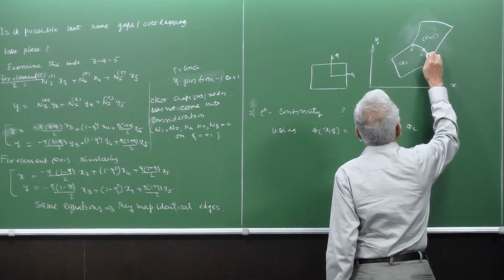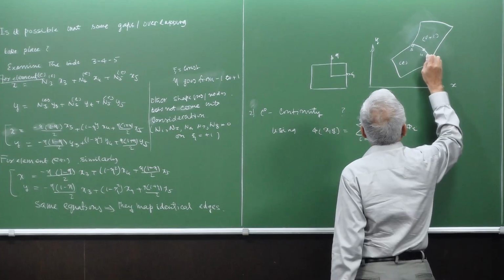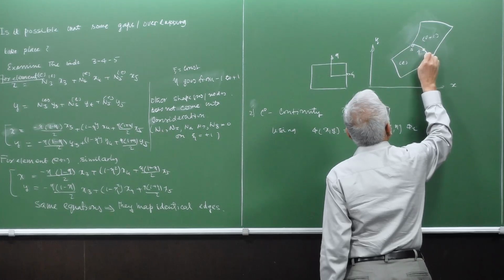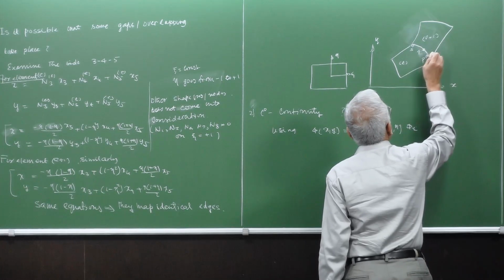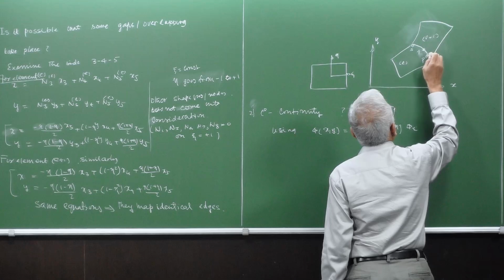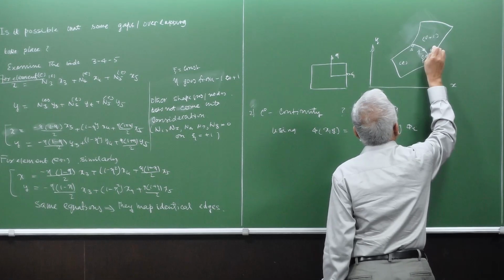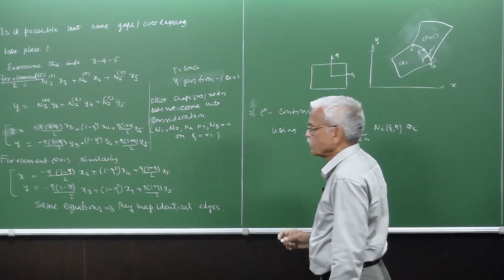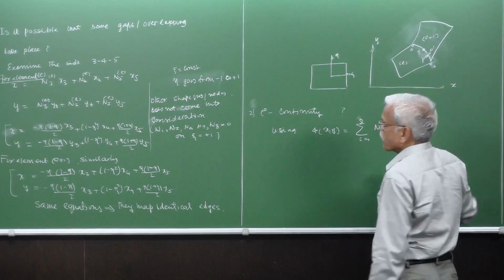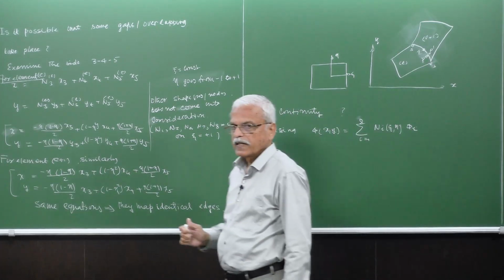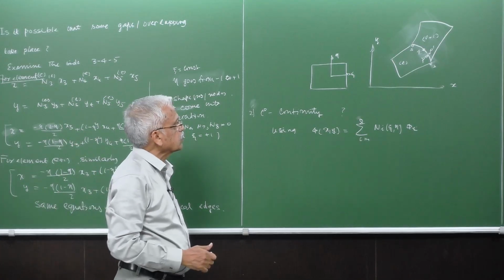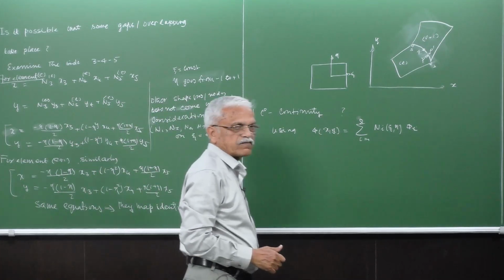Say you have a point P and P prime. If P is a point on element E and P prime is a point on element E plus 1, just neighboring on either side of this edge, are they going to have the same phi?